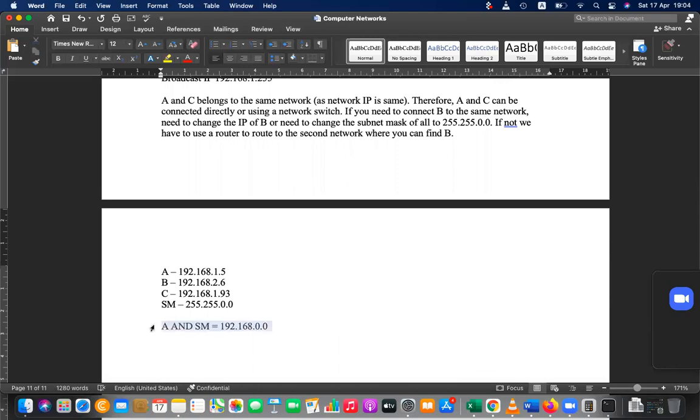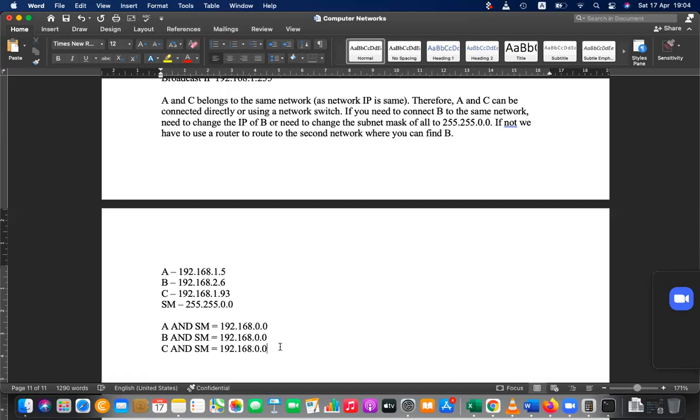You can see A and subnet mask is this one, B and subnet mask, and C and subnet mask is also the same. Just see B and subnet mask: 192.168.0.0. These two will become 0, 0. C and subnet mask, so it belongs to the same network. So that is another trick.